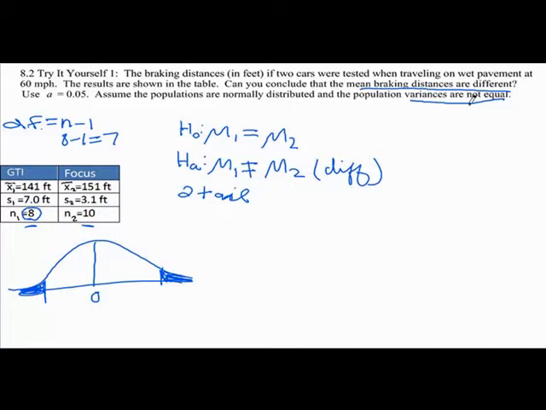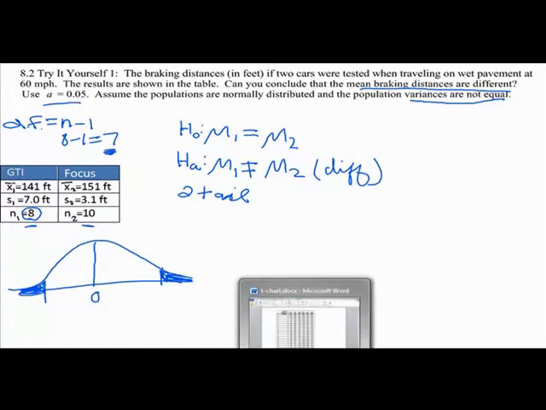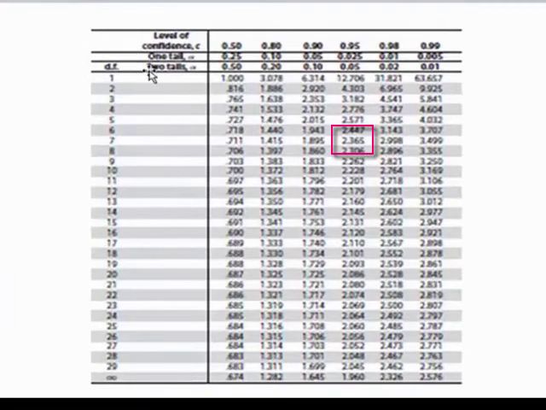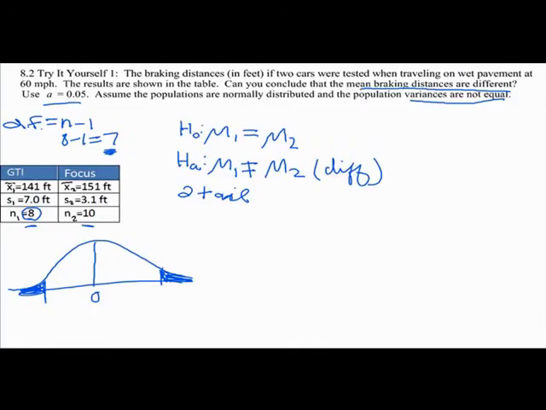It depends on whether the variances or standard deviations are equal or not equal. So we're going to get a degree of freedom of 7, our alpha is 0.05, and it's two-tail. That's going to give us plus or minus 2.365: 2.365 on the left-hand side, and 2.365 on the right-hand side.